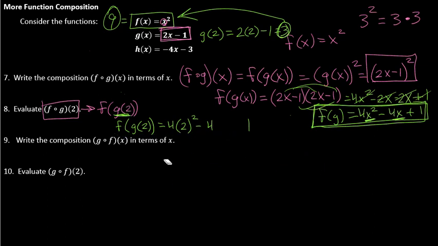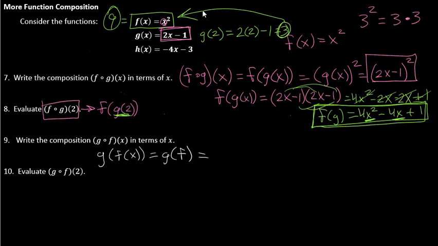Okay, so let me erase and give myself some room. Write the composition g of f in terms of x. So we want g of f of x, otherwise known as g of f. We can just say g of f if we want to.